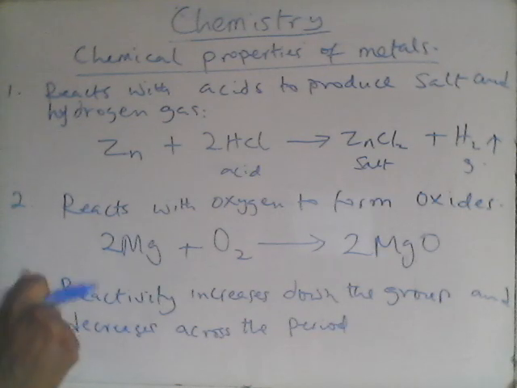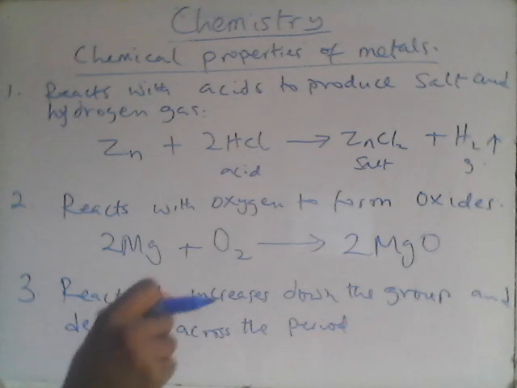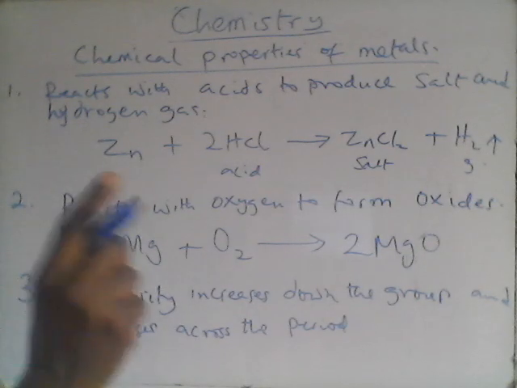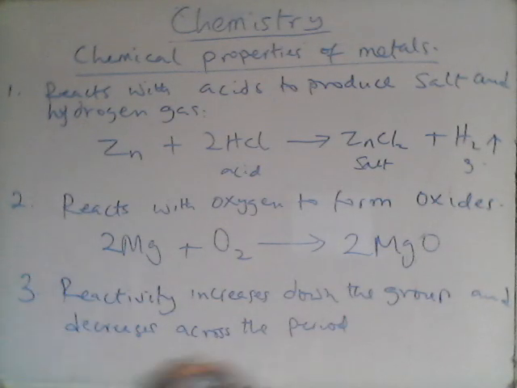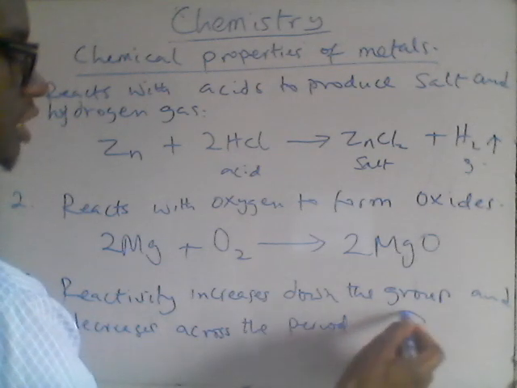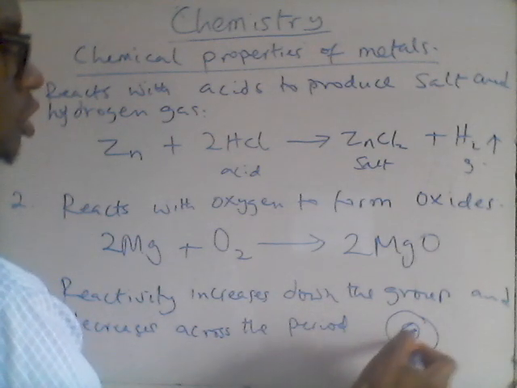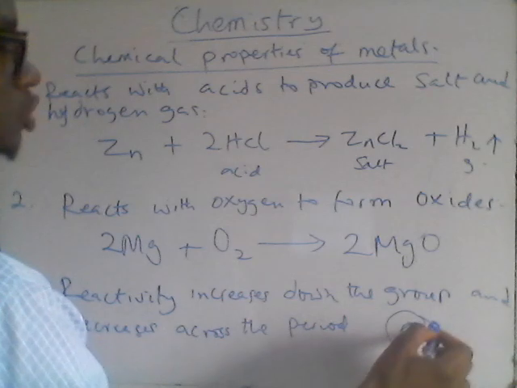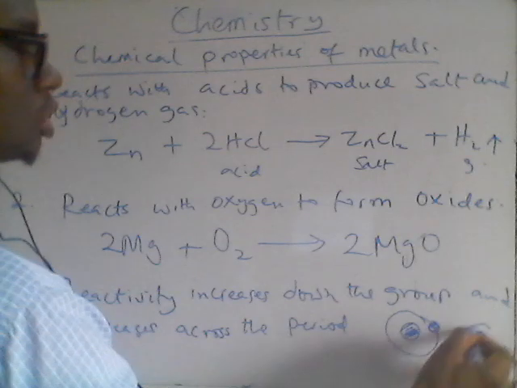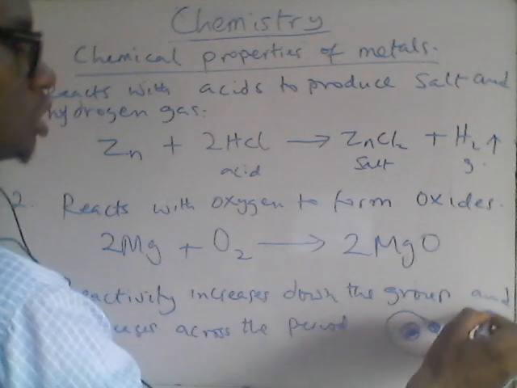So the electron can easily be liberated because the atomic radius is big. If I have two metal elements, for instance, this is the nucleus. This one has one electron at the outermost shell, and another one, nucleus, first shell, second shell. This one has one.